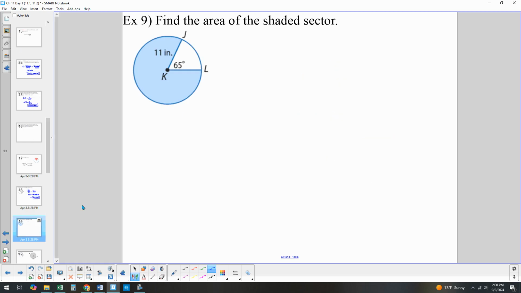All right, example 9, find the area of the shaded sector. 65 is representing the unshaded sector. So the shaded sector is really going to be 360 minus 65, or 295 degrees. So we're going to put 295 over 360 equals x, because we don't know the area of the shaded sector, over pi r squared, and r is 11.